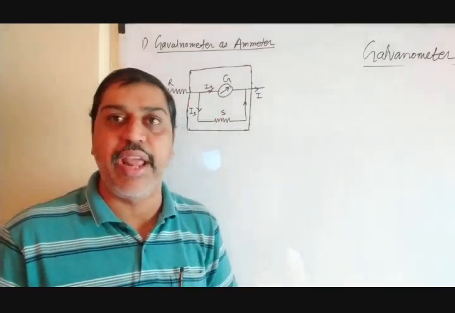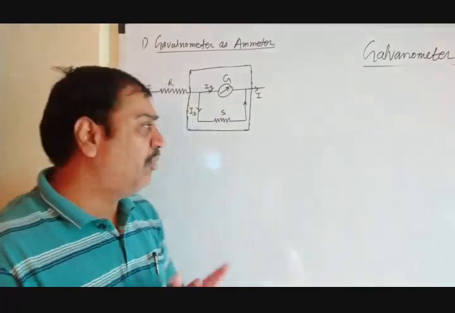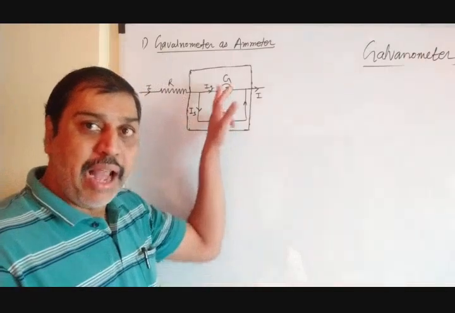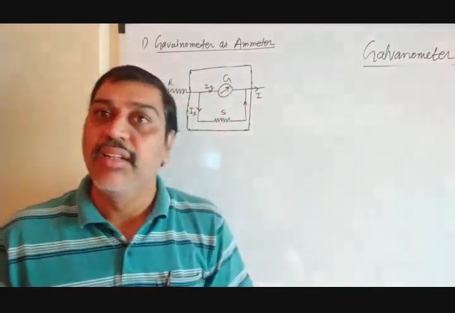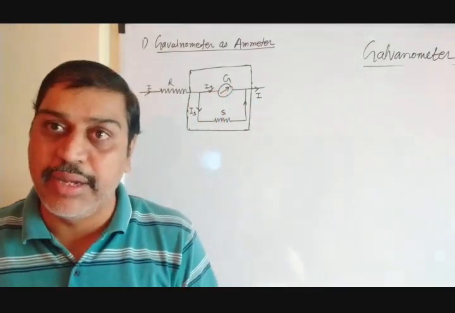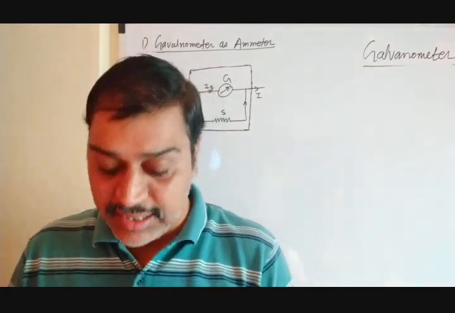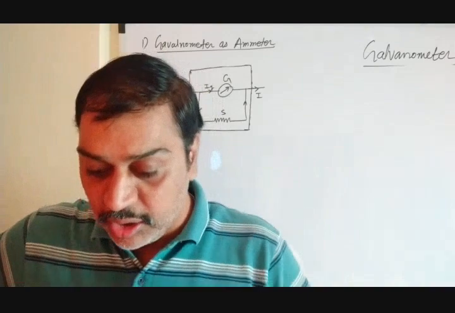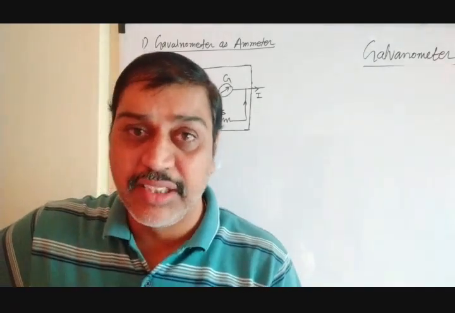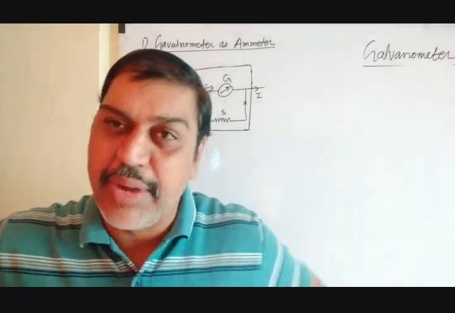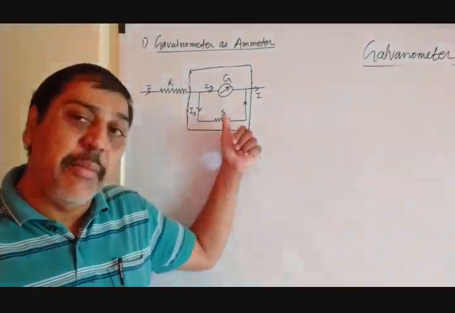This much we have already learned in 11th standard. So we have connected S as a resistance parallel to the galvanometer to reduce the resistance of the galvanometer, because an ideal ammeter has zero resistance. That's why the second condition is to decrease the resistance of the ammeter, and we have achieved that here by connecting it in parallel.